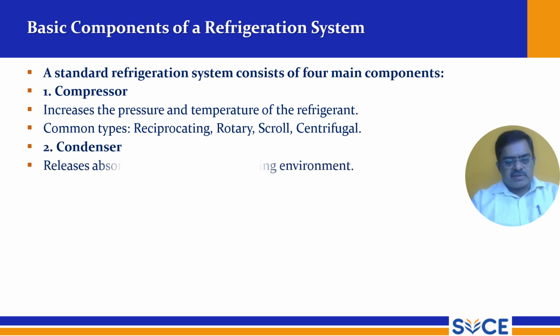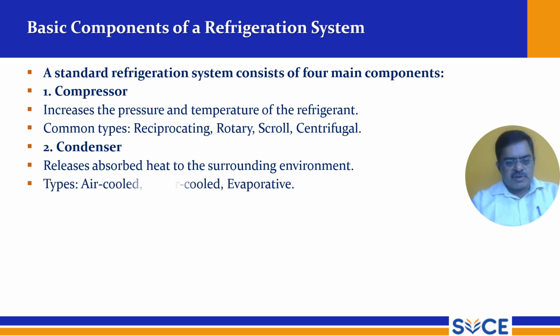The condenser releases absorbed heat to the surrounding environment. During compression there will be a temperature change, and the refrigerant acquires a higher temperature, so that heat is released to the environment through the condenser. That is the condenser's purpose.